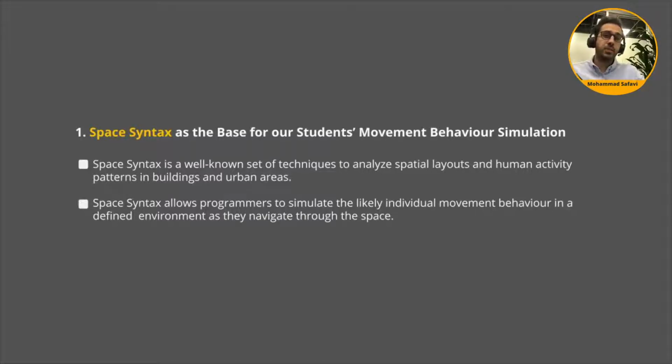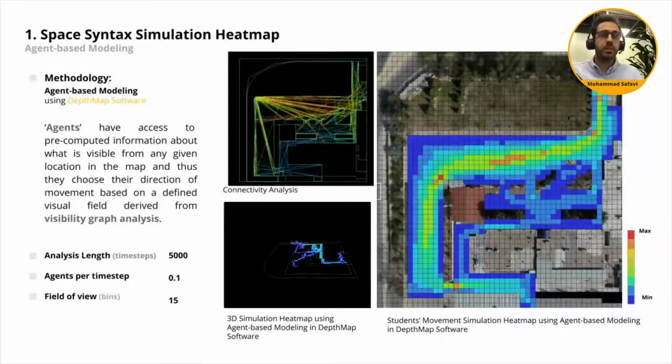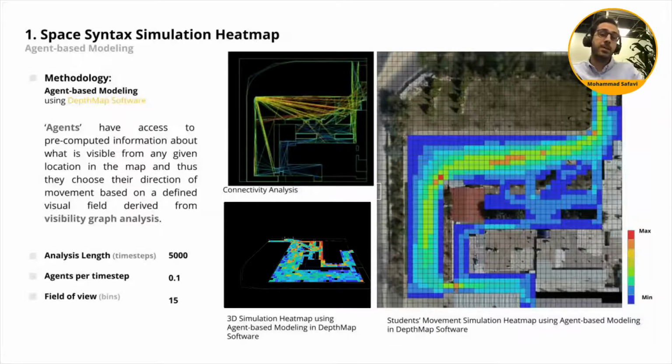Space syntax provides various techniques and methods, but we mostly focused on agent-based modeling and analysis for this study, because based on the creator's definition, it provides a good indication of how students and users behave in a space based on visual graph analysis. As you can see on the screen, these agents move all over the schoolyard and shape the heat map.